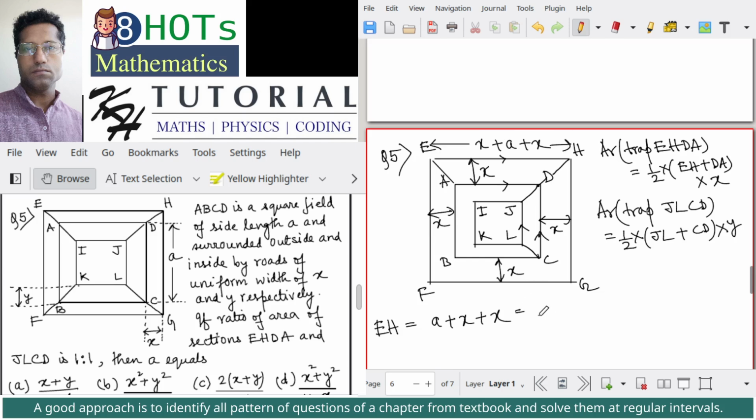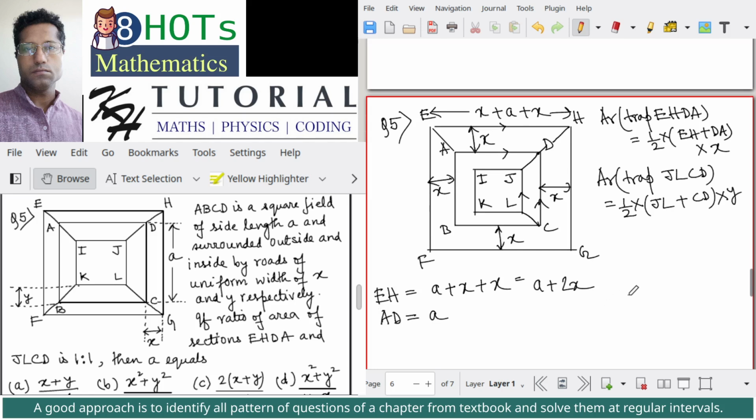This is equal to A plus 2x. And what will be AD? AD is nothing but the side of the square field, which is A. Similarly, DC is A because it is the side of the square field. And JL will be equal to A minus y minus y, which is A minus 2y, because the width of the road inside the square field is y.